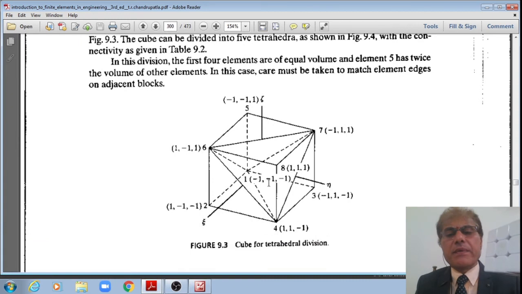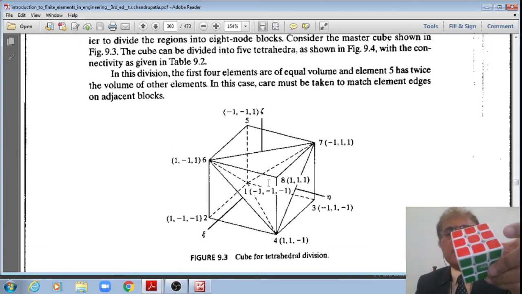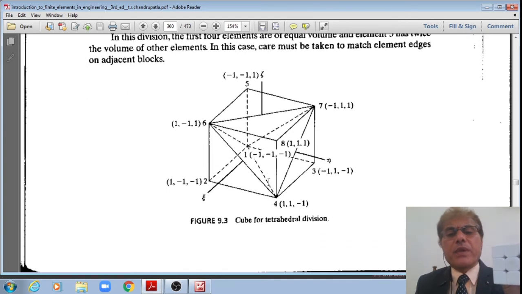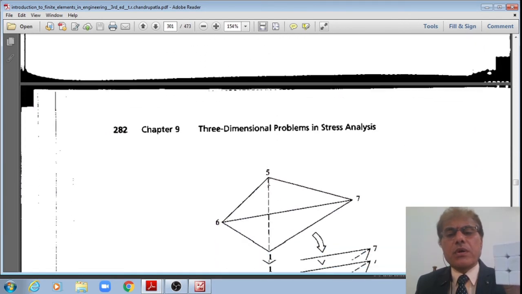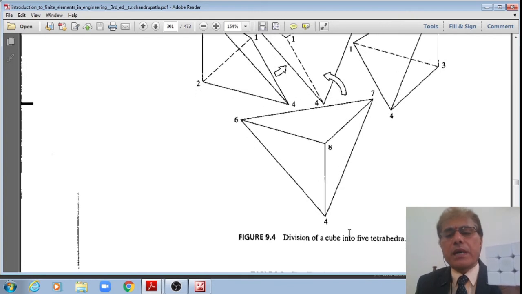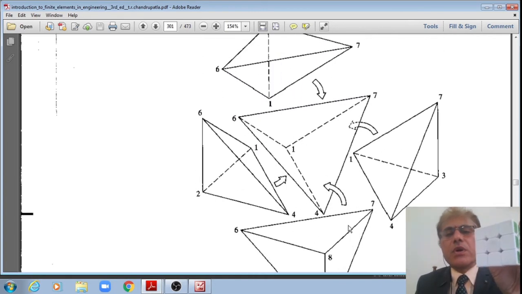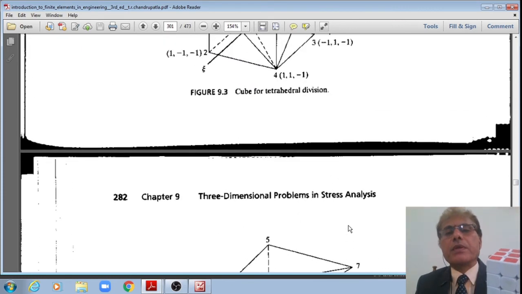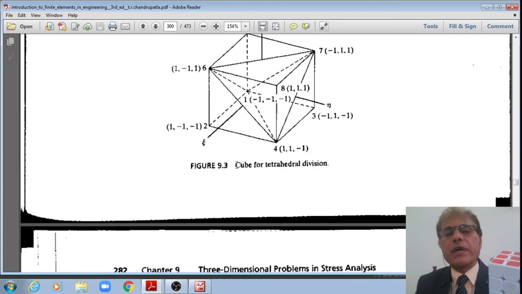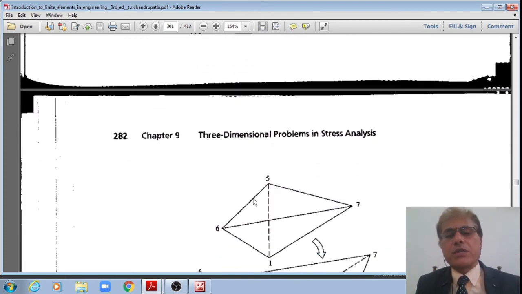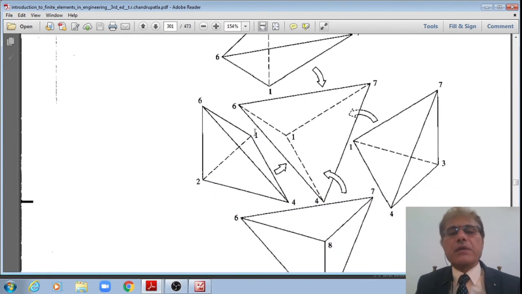If I take a tetrahedron element like this, then it can be divided into n number of tetrahedra. Here I've just divided this cube into 5 tetrahedra, as shown, having the nodes 1 2 3 4 5 and so on.